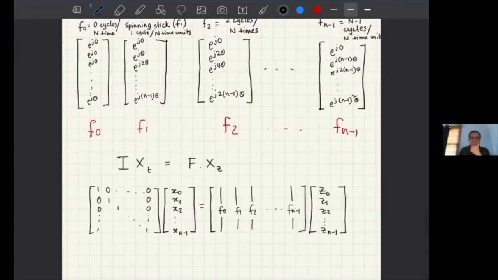Okay. This is called the Fourier transform.